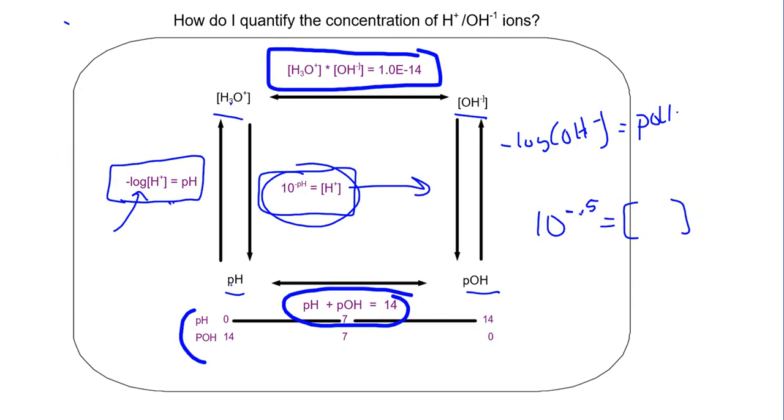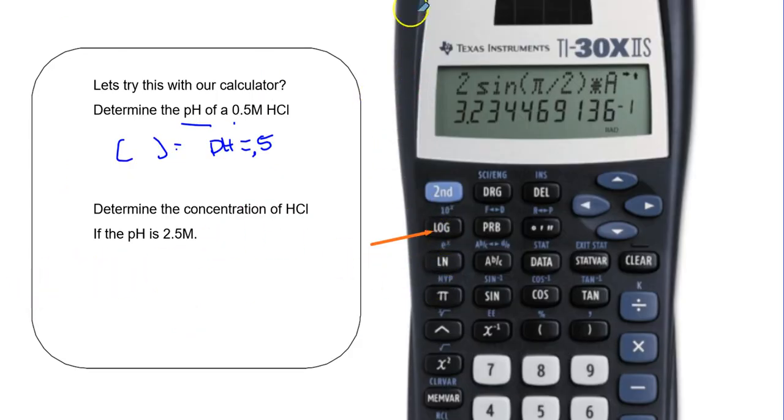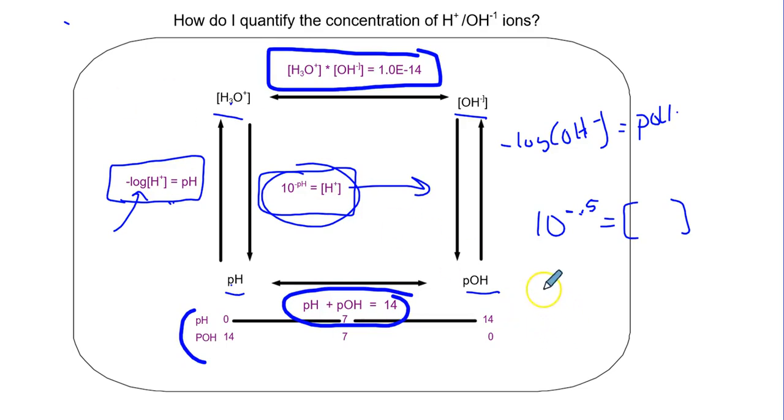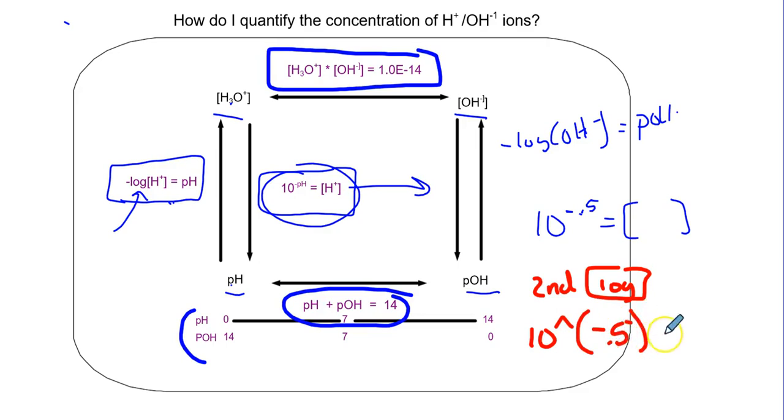We're either going to use the log button, or the second function of the log, which is 10 to the x. So let's hit the second button, and then hit the log button. Up is going to pop a 10 to the caret, which you could just type in manually if you wanted to. And type in negative 0.5. And this is going to be the pH of what we were discussing.